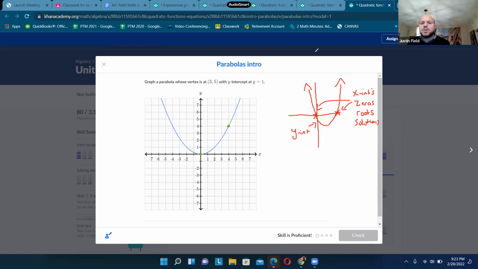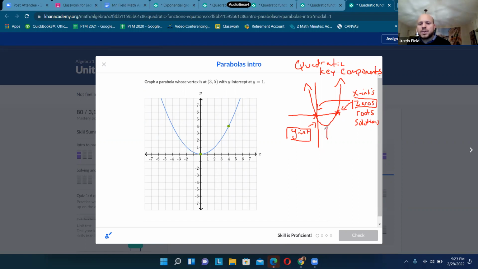It's another key component. So this title is Quadratic Key Components. So the zeros are the x-intercepts, but I usually call them the zeros. We have the y-intercept.